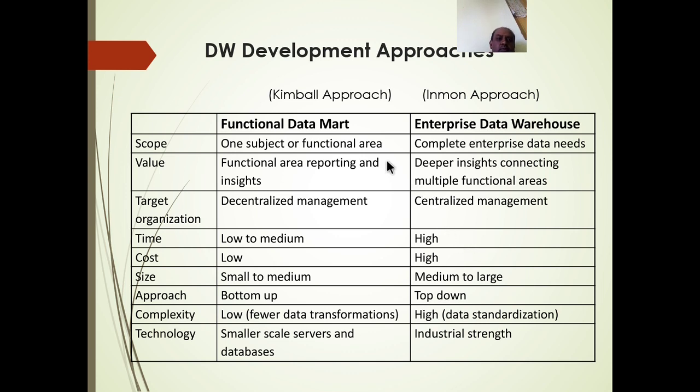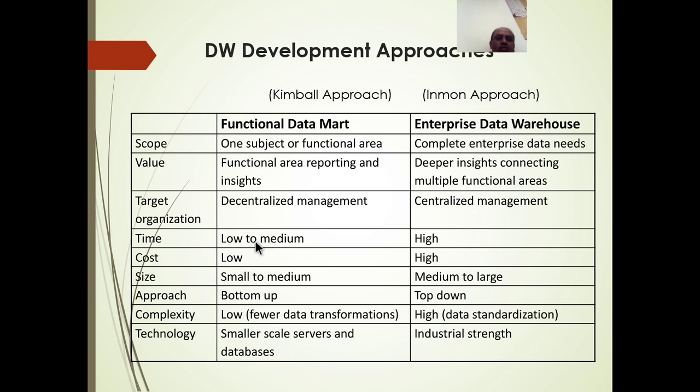So there are two data warehouse development approaches: the Kimball approach and the Inmon approach. For Kimball, the scope is one subject or functional area, and for Inmon it is complete enterprise data needs. Kimball gives functional area reporting and insights, while Inmon gives deeper insights connecting multiple functional areas. Kimball is decentralized management, Inmon is centralized management.